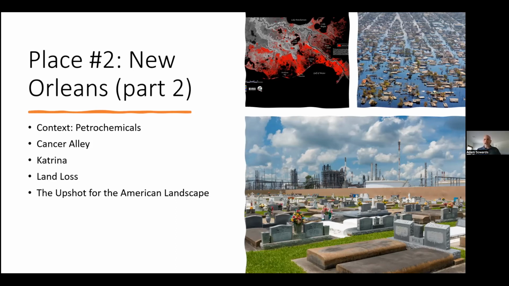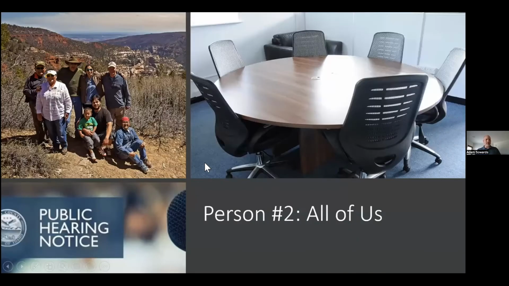So the lecture title was an introduction to the American landscape through 4 laws, 2 places, and 2 people. And the last person is us. And I think that it's important for us to recognize that at this point in 2022, we as citizens have a place to sit around a table like that one depicted, or to show up at a public hearing like that, or to go out with family and friends across generations and look at the landscape like the other photo on the slide.